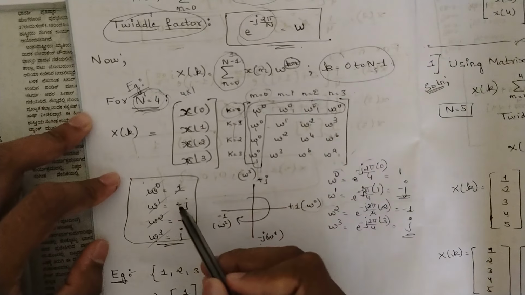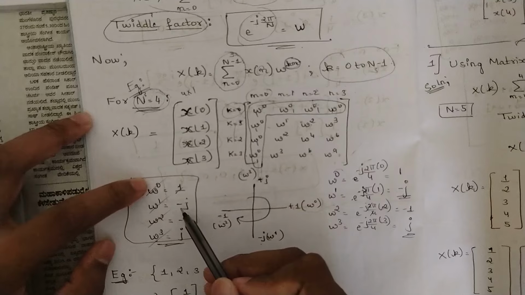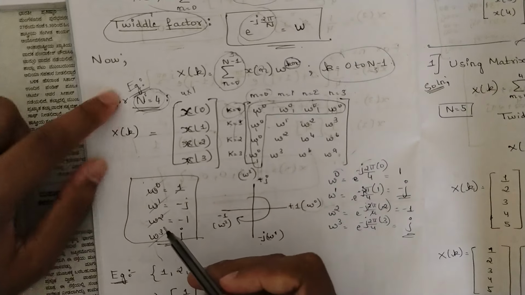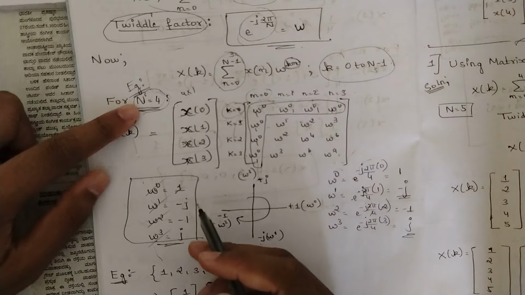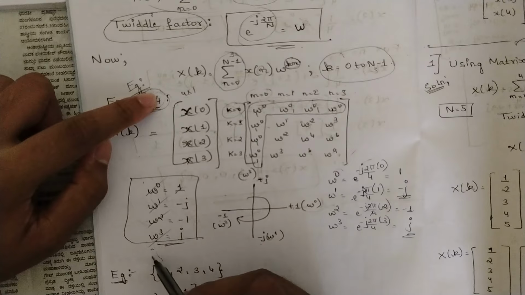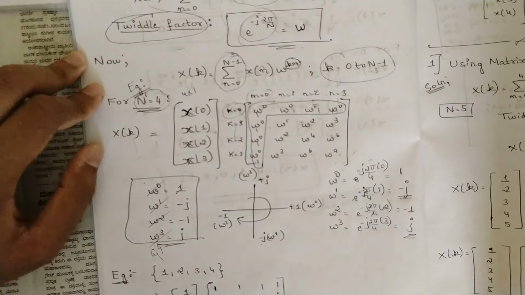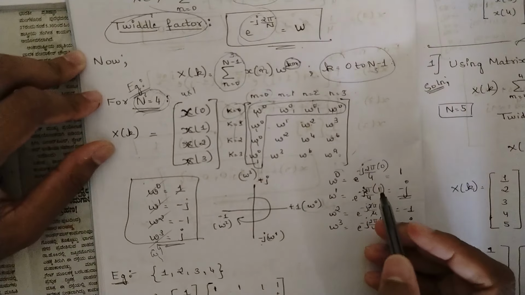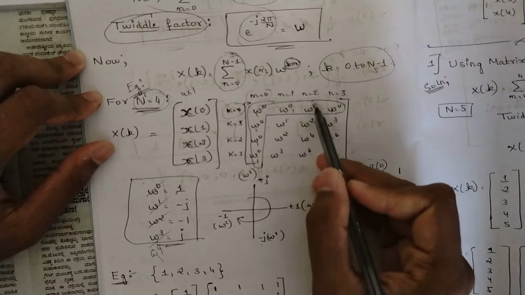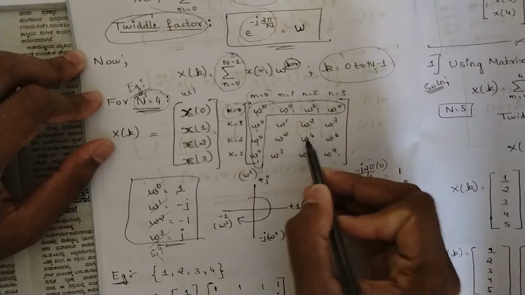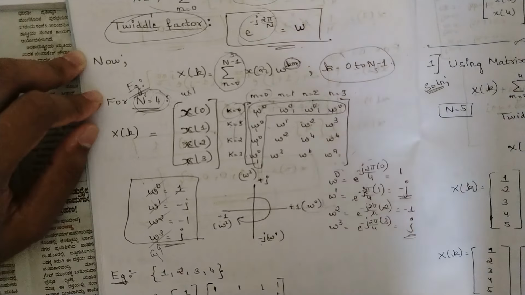Like this we find the values of w power 0, w power 1, w power 2, w power 3, 4 values because the length of the sequence is 4. If the length of the sequence is 5, we would also find w power 4. Now your question would be that here we don't have only up to w power 3, we have w power 4, 6, 9 and so on.